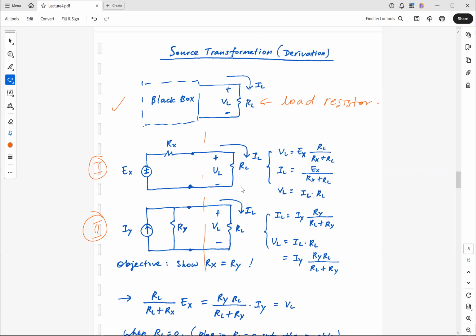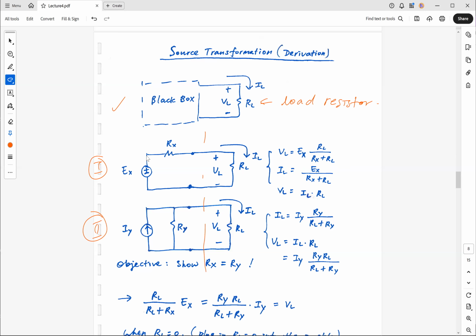Let's try to write down some simple equations that are known to us, based on these two circuits. First of all, I can find this VL, the voltage drop across this resistor, simply by taking the voltage division. I have this voltage source, Ex, multiplied by RL over the sum. Similarly for IL, I can apply Ohm's law.